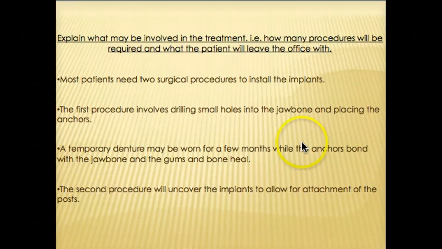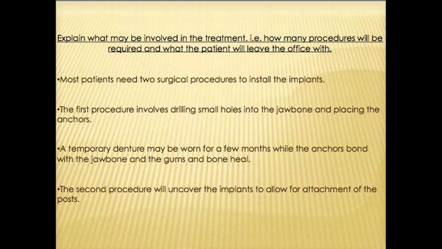The first procedure involves the drilling of small holes into the jawbone and placing the anchors. A temporary tooth or a denture may be worn for a few months while the anchors or implants bond with the jawbone and the gums and the bone heal.